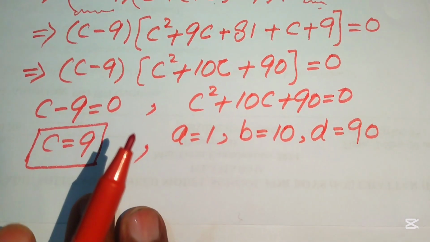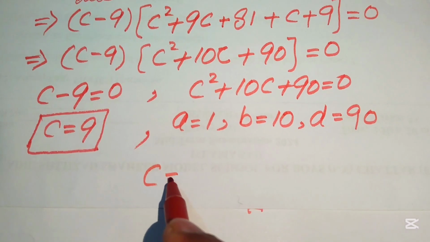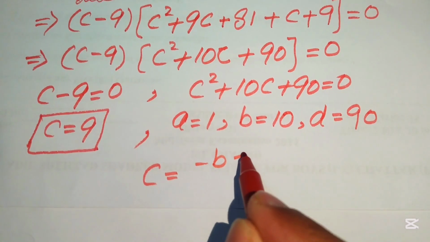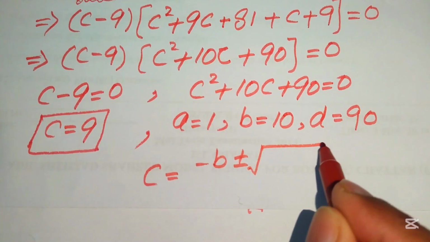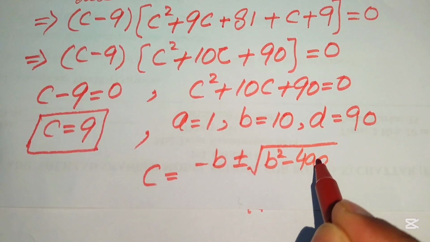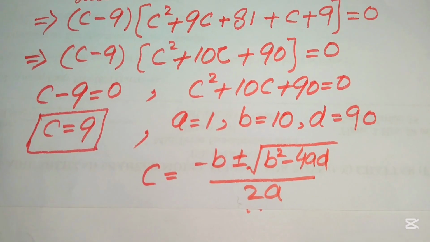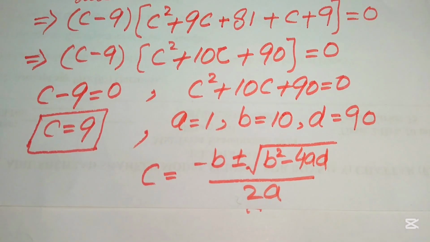So according to this we state the quadratic formula as c equals minus b plus minus square root of b square minus 4 times a d, divided by 2 times a. So this is our quadratic formula.